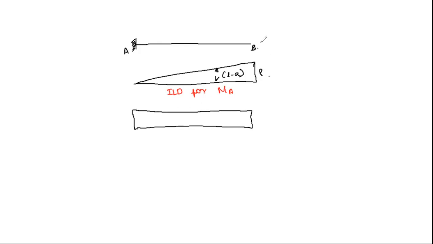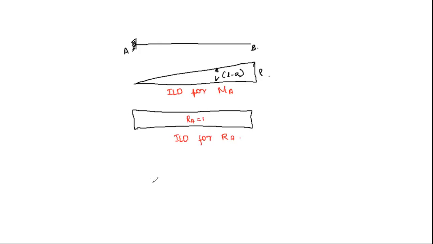ILD for MA is a triangle, with ordinates L minus A and L. So this is the ILD for MA. The next one is a rectangle, which is the ILD for RA, where RA is equal to 1.